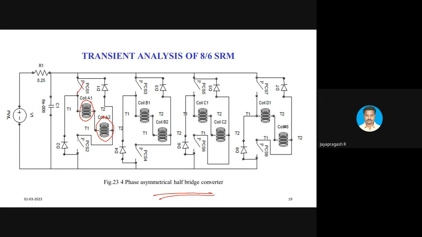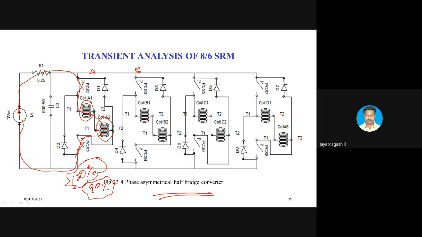If these two switches are closed, the current will flow through the phase winding, and the inductor will get magnetized. It produces a magnetic field, which causes the rotor pole to be attracted by the stator pole, and torque is produced. After that, for continuous rotation, followed by A phase you have to excite the B phase. Before exciting the B phase, the A phase should be completely demagnetized. Say the flux contributed by the machine is 100%; for example, only 90% of the flux established is utilized for the energy conversion process.